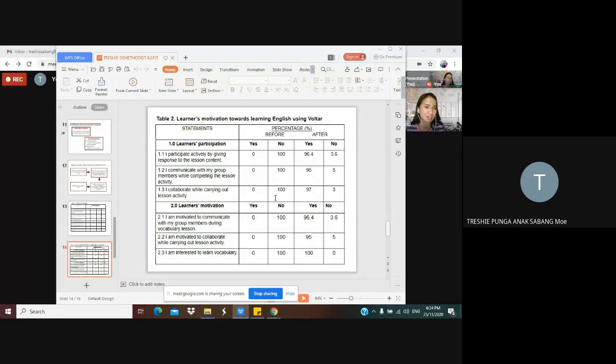I think that's the best part about it, even though they didn't communicate loudly in front of the class, they help each other in the group. Yes, they did communicate and collaborate while learning, and they are interested to learn.